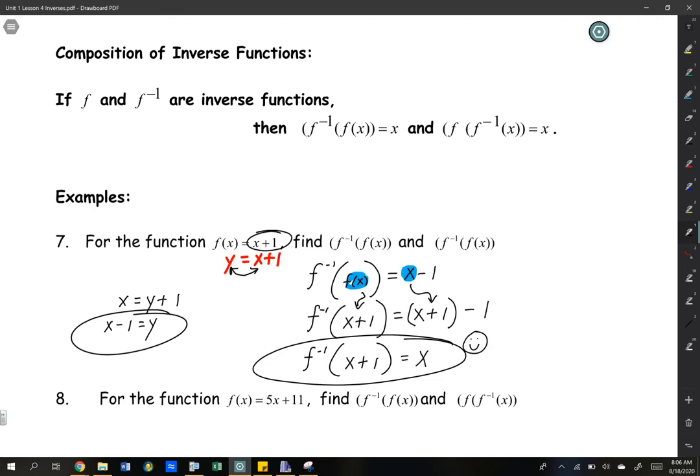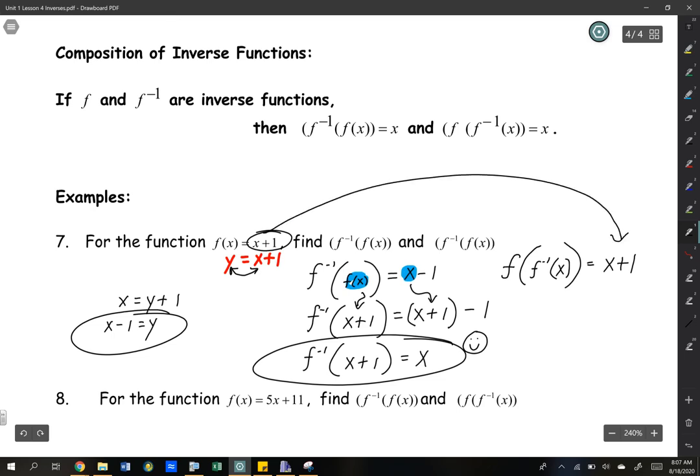All right, let's try it again, but this time let's do f of f inverse, just to have a little fun. Now, the f function is x plus 1. That's the f function.